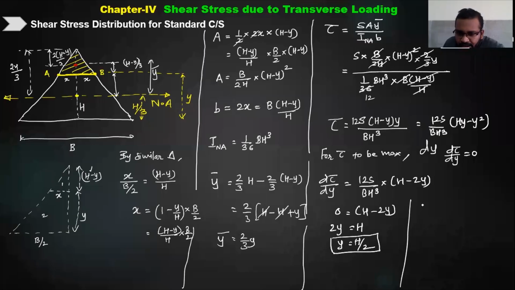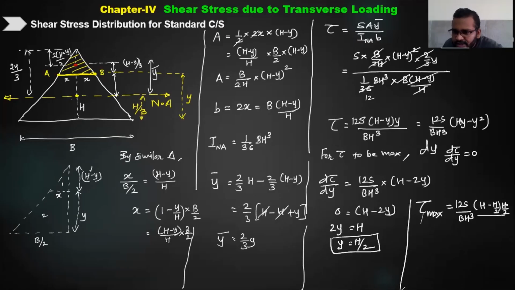So what will be my maximum value? My tau maximum will be, you have to substitute the value of y as h by 2. So what is your formula? Your formula is 12S upon bh cube into (h minus h by 2) into h by 2. That's it.